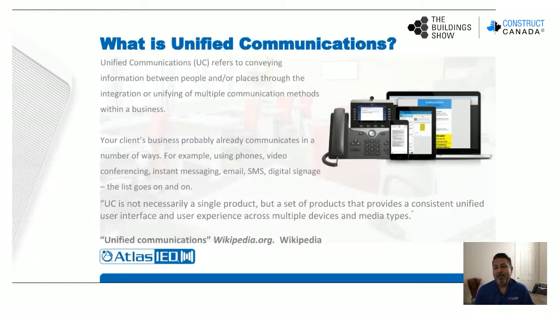Now, the types of communications that can be used on these devices can be a number of different things. It could be SMS type messages, emails, video conferencing, or many other types of communications needed by the client.